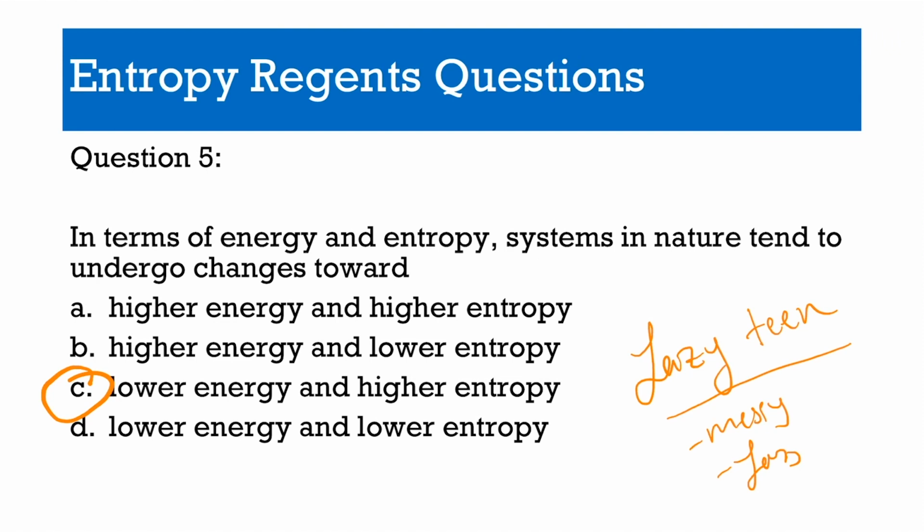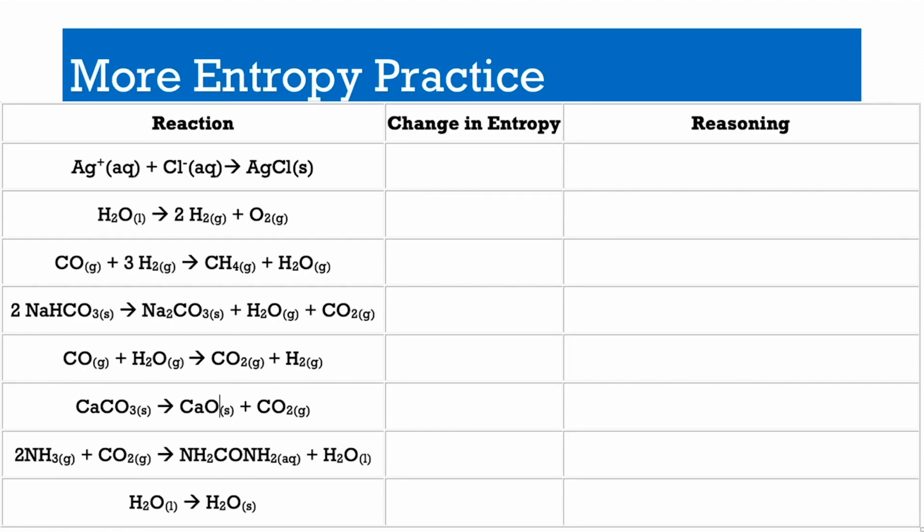The universe is like a lazy teen, not that any of you are, but that is what entropy bases itself off of. Good. All right, so now we're going to do some more entropy practice. Look down towards the chart that is provided for you, and we're going to take a look at the reactions.